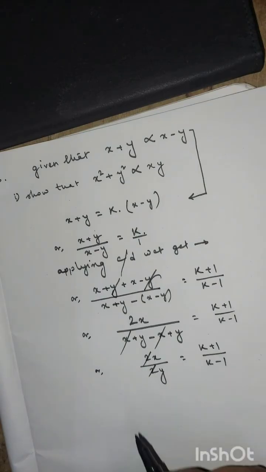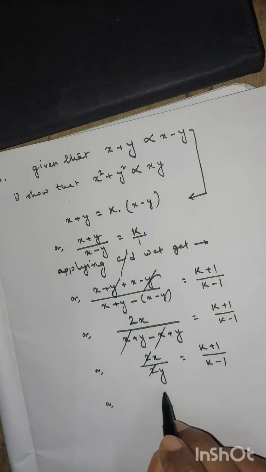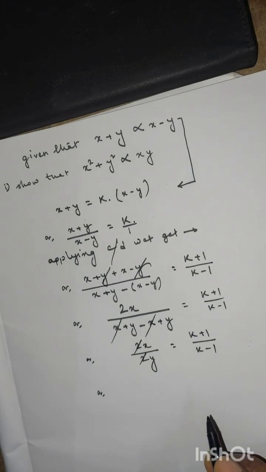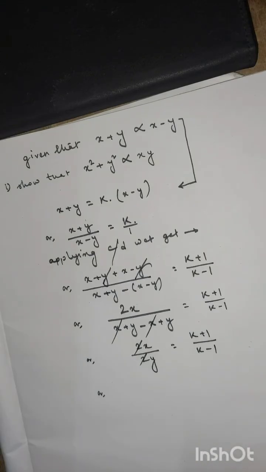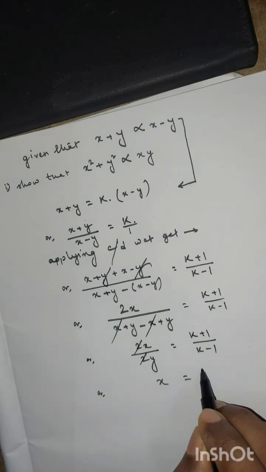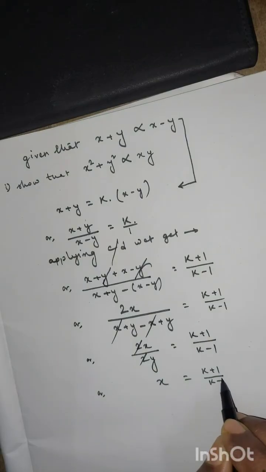Now we cancel these 2's. So it becomes x by y equal to k plus 1 by k minus 1, or we can say that x equal to k plus 1 by k minus 1 into y.